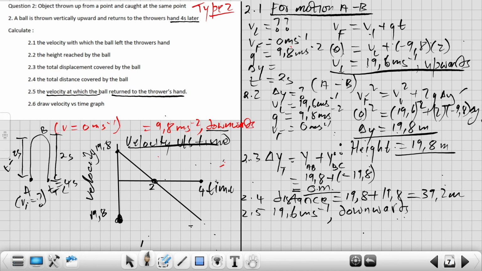You can easily see that this side represents the upward motion, so I can assign A to B, and from here is B to C. The point of assigning specific labels is that it helps me understand my graphs better.